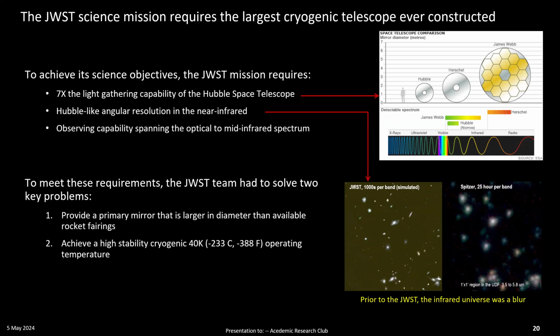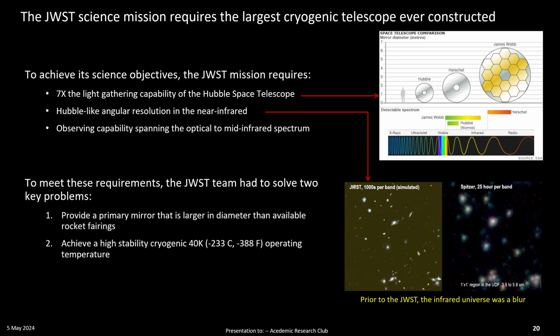Why? Because everything above absolute zero emits infrared light. So if you had infrared goggles on right now, you would see your body glowing in the infrared. The walls and floor of the room that you're in would be glowing in the infrared. If we didn't make the Webb telescope very, very cold, it would be blinded by its own infrared emission.